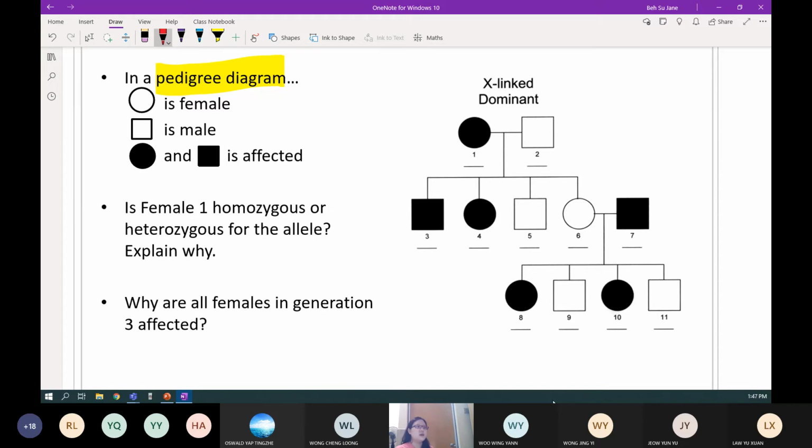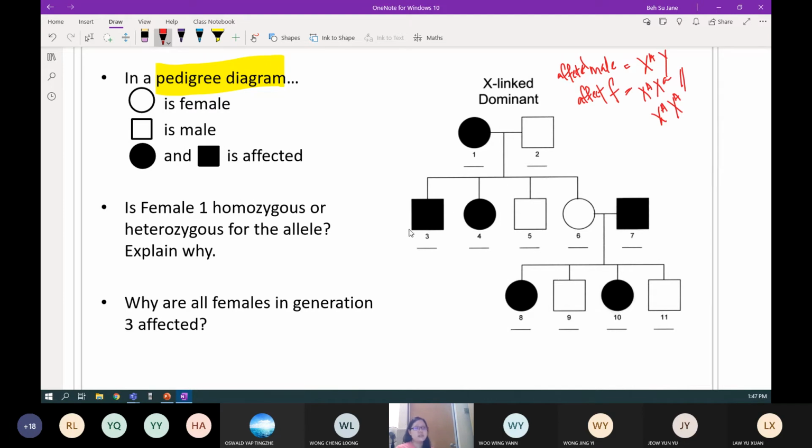We know that if a male has the disease and is affected, it must be this. This is confirmed. Affected male. An affected female, on the other hand, could be heterozygous, or it can be homozygous. Correct? So based on this, we can figure out what's going on here.